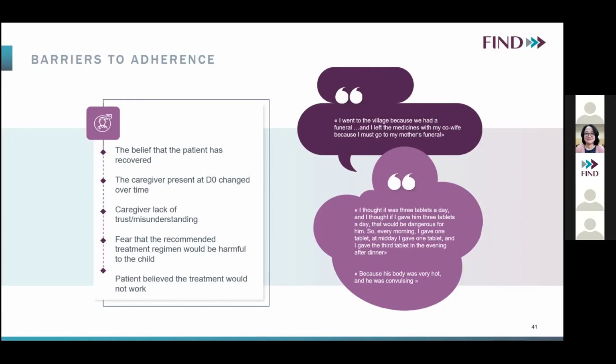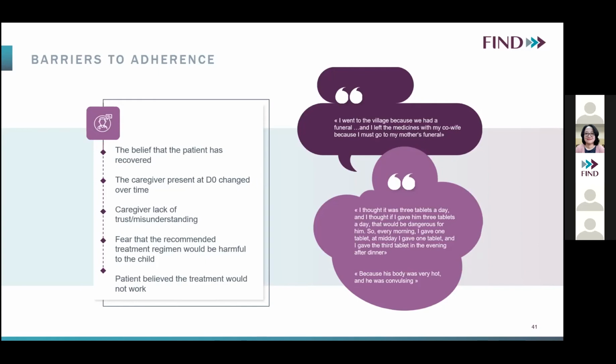And we can see some experience of data collected in the clinic. The second one said, I chose, it was 3 tablets a day. And I thought that if I gave him 3 tablets a day, that would be dangerous for him.